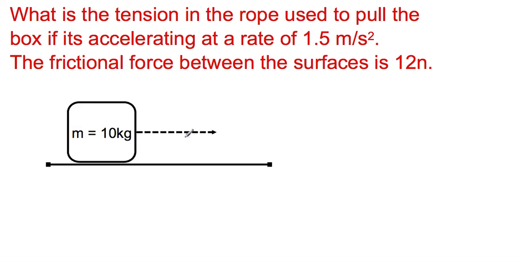So, again, we can add our 2 different forces in the y direction if you want to. The weight of this, which again is 98 newtons pulling down, and the normal force N also equal to 98 newtons pulling upward. We know there are frictional forces pulling this backwards again at 12 newtons.